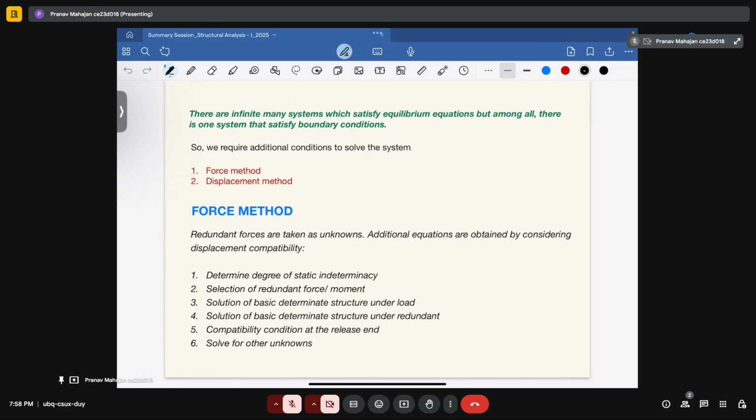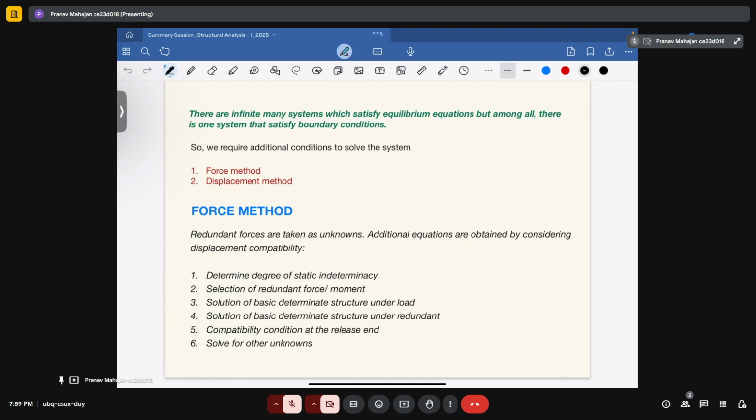Now after that, the solution is determined for the redundant force only by removing all the external forces. Now you will remove all the external forces and then apply the redundant force and see what values you obtain for different members, and then you will apply the compatibility equation at the end which you are expecting.